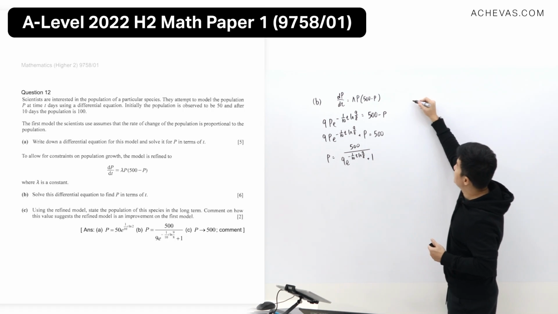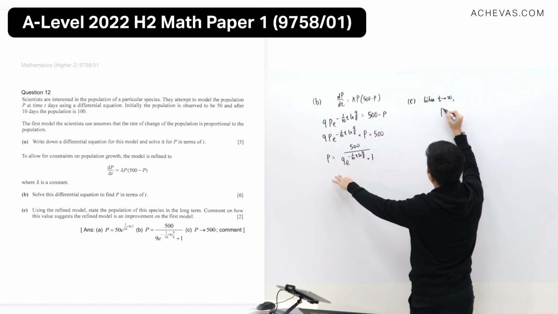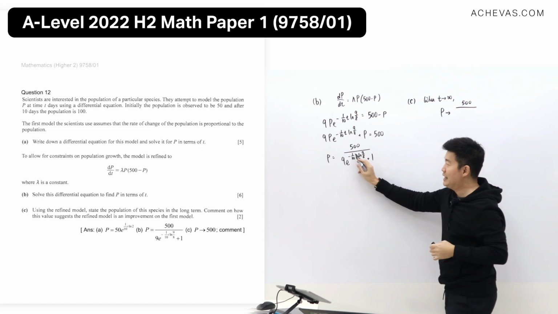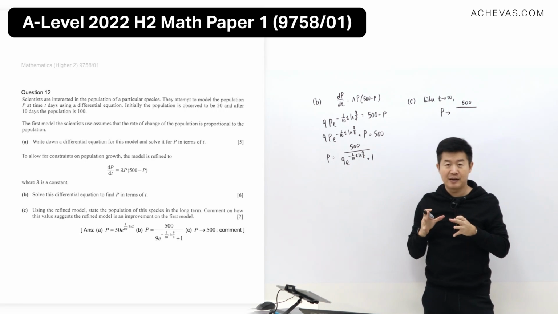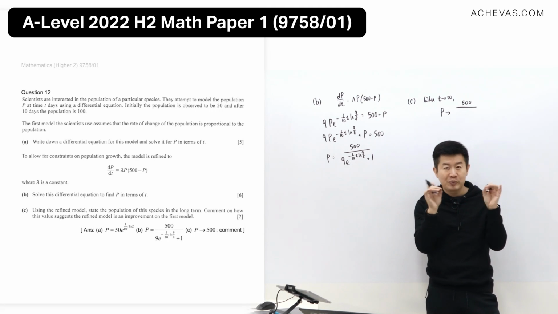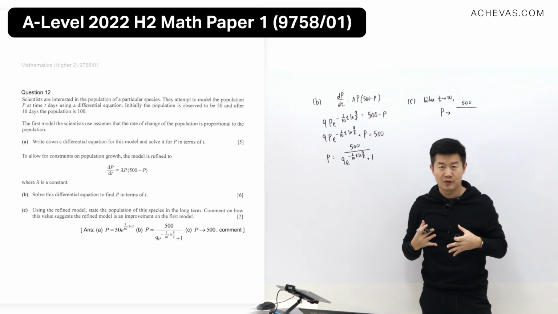So for part C, long run, when t goes to infinity, that means p will become 500 over this. Okay, this is e to the power of a negative number. In fact, when t goes to infinity, it is going to be e to the power of a super negative number, which will make this become a 0, right?